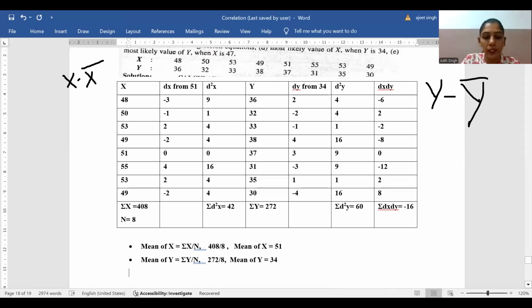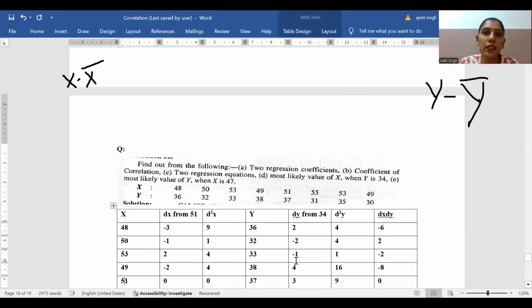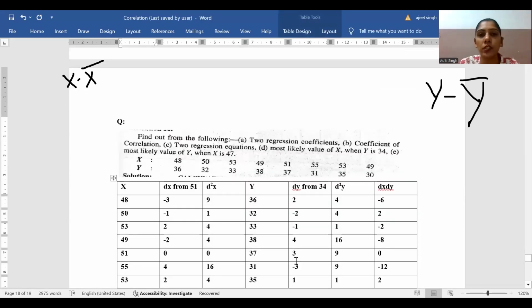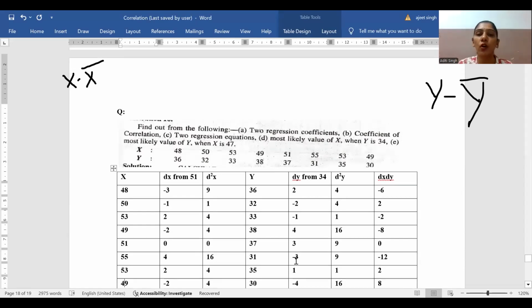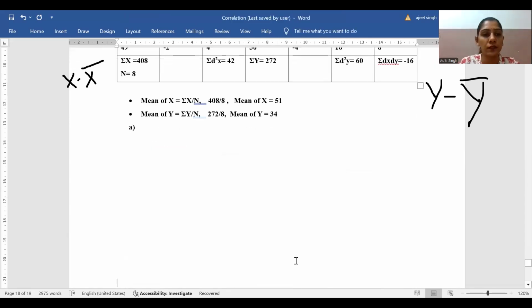Let's first calculate the part A. The first thing which is asked in this question is to calculate two regression coefficients, and the second one is the coefficient of correlation. So let's first calculate the two regression coefficients.